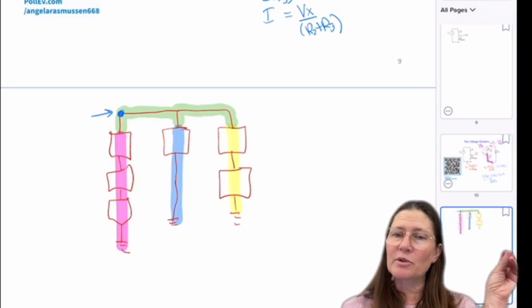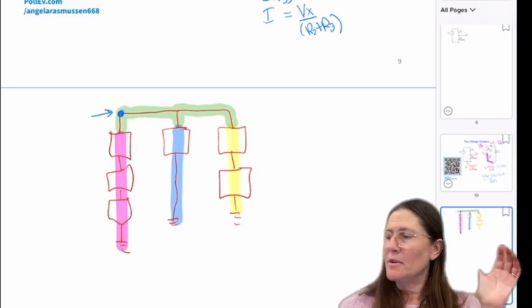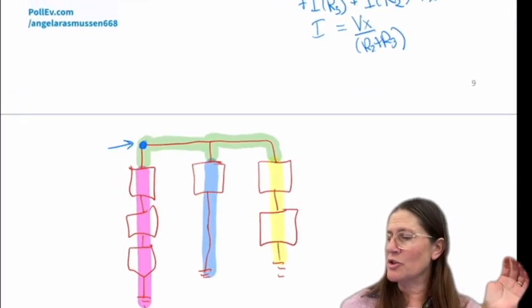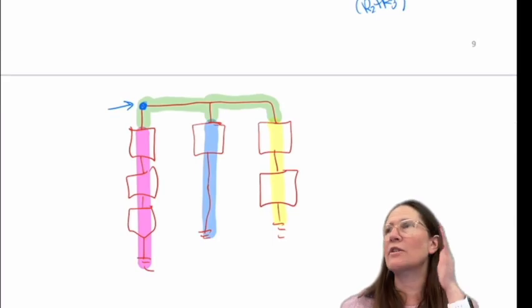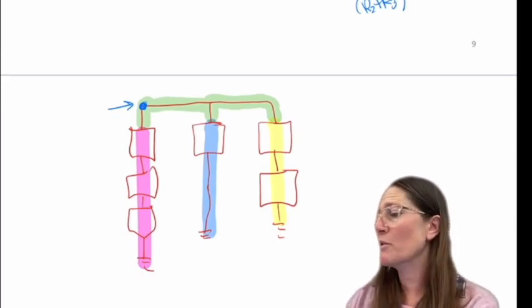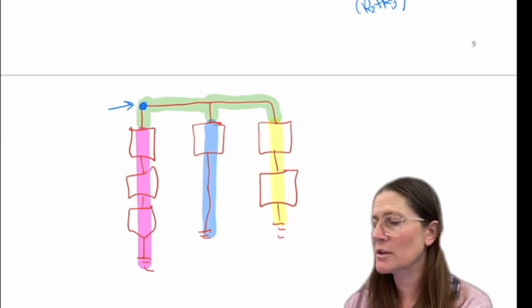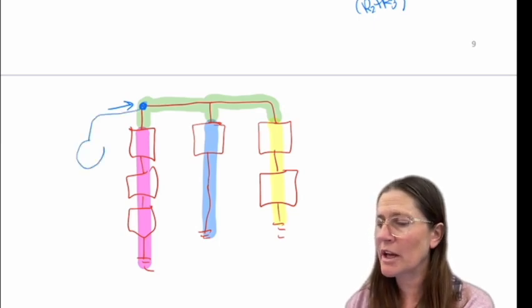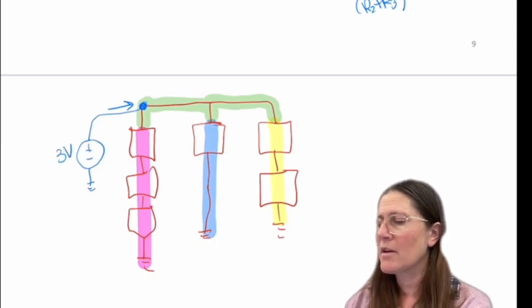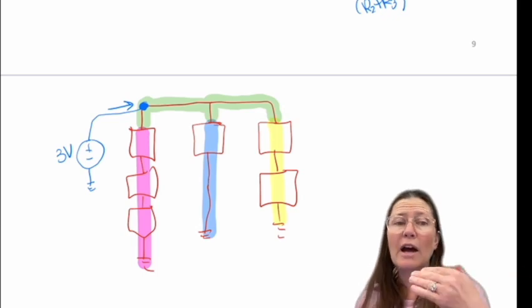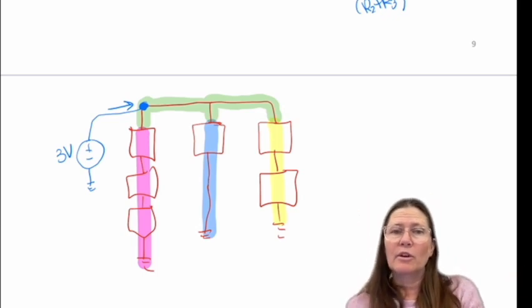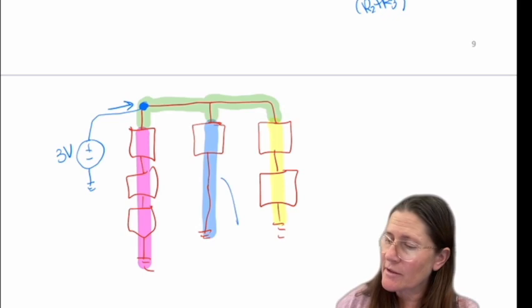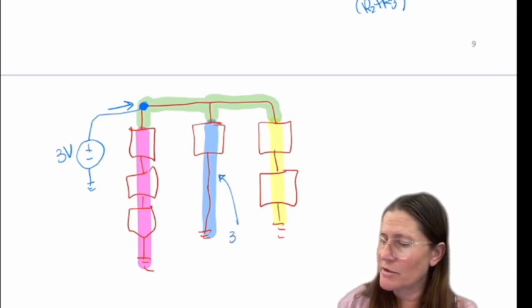So if you're trying to find that node voltage, then you could do any of these and they're all going to equal the same. So if I hook this up to a battery here, say I connect this to a 3-volt battery, now I know what this node value is. It's 3 volts. So the voltage across this element is 3 volts.